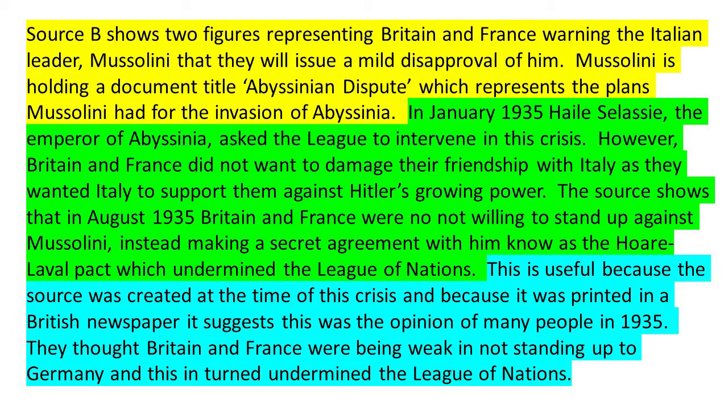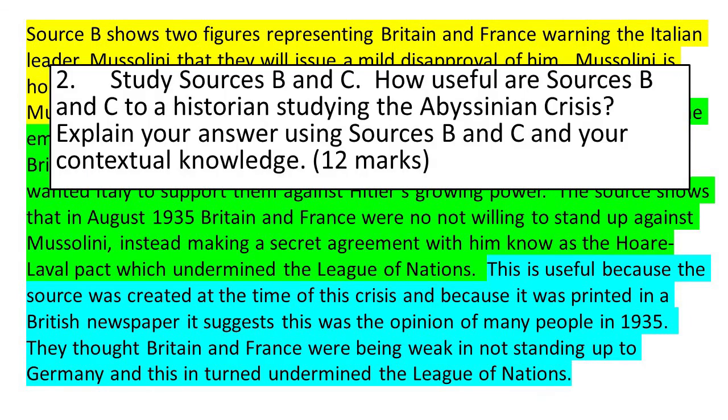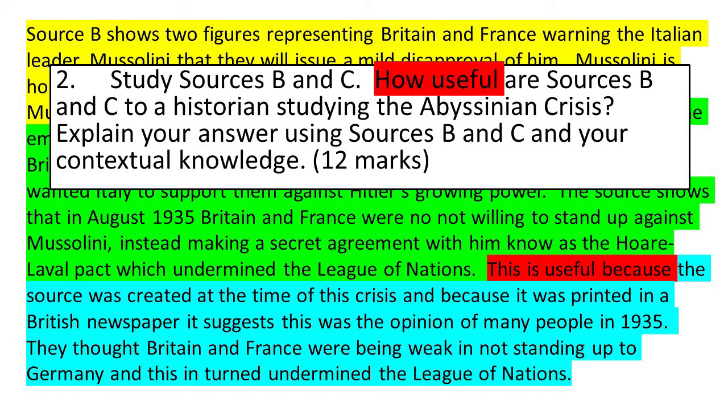Now I quickly want to just jump back to that question. So I've brought it back up on the screen in front of you. Study sources B and C. How useful are sources B and C to a historian studying the Abyssinian Crisis? Some key words here that we need to pick up on, and it's the words how useful. That's what the examiner is asking us to answer.